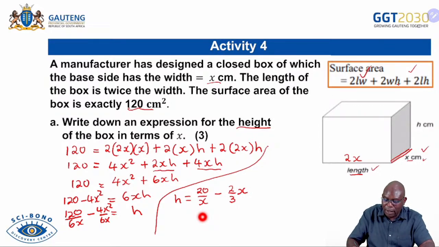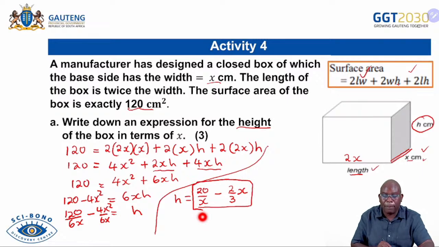So meaning that my height now is no longer h, it is now 20 over x minus 2x over 3. That is my height. So I've written height in terms of x. In other words, I've got a height on one side, and on the other side, I've got x. So that is in terms of x. That's what it means. Right.